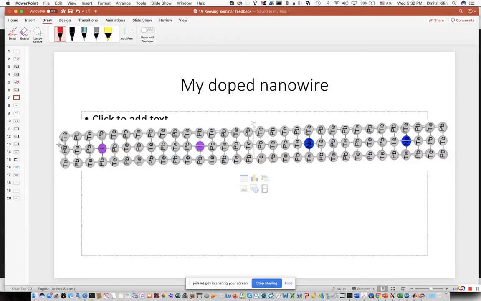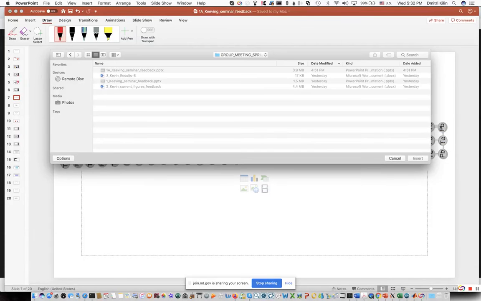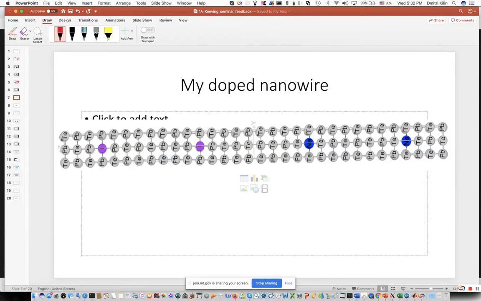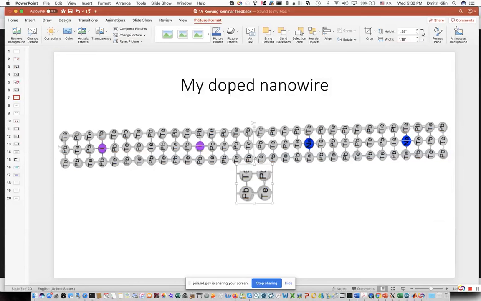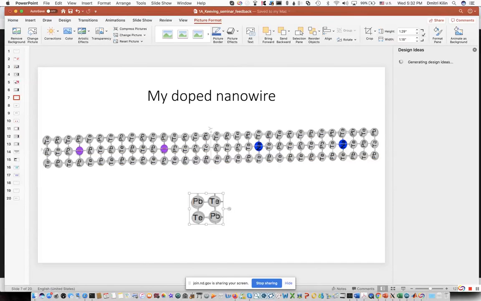Now in a regular lead telluride nanowire, lead has 2 electrons in its valence shell, and telluride needs two electrons to fill its valence shell. So lead donates 2 electrons to telluride, and together they form a nanowire.